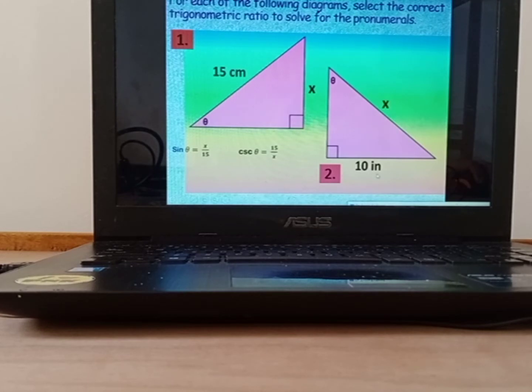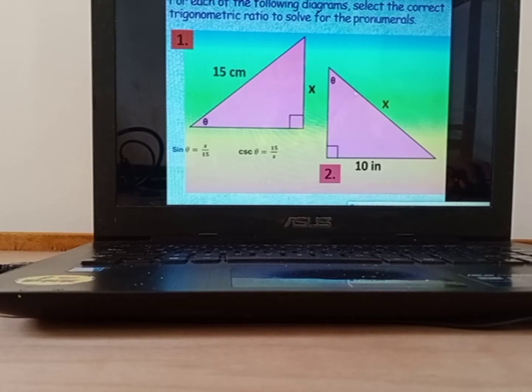So let's have the number 2 example. For number 2, let's determine first our given in order to determine what trigonometric ratio we will use. If this is our angle theta, at the front of your angle theta is 10 inches. So this is our opposite leg or opposite side.